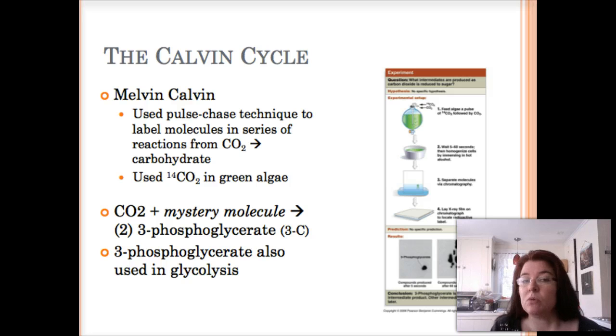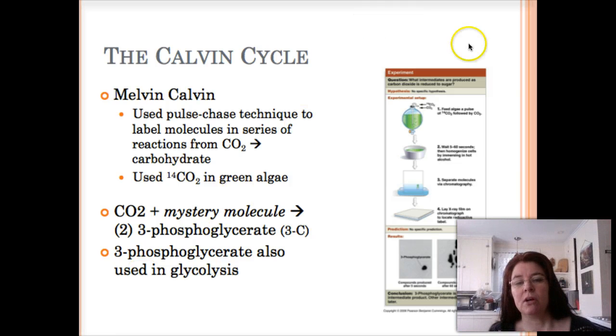Now, the Calvin cycle was named after Melvin Calvin, and Calvin was interested in understanding how carbon dioxide was converted into glucose. And so he used a special kind of experimental technique known as a pulse chase experiment in order to follow carbon dioxide inside the cell and see exactly how it was transformed into glucose.